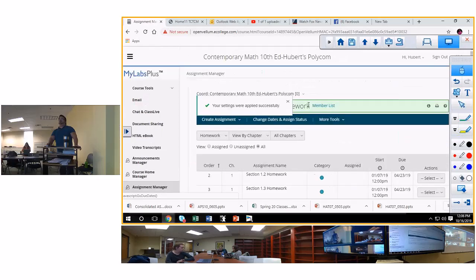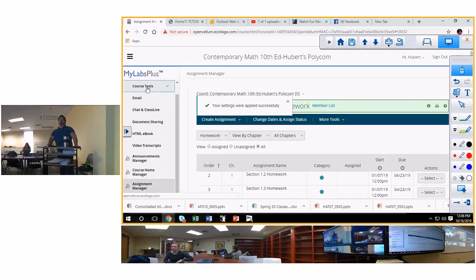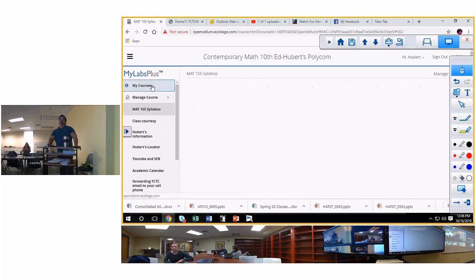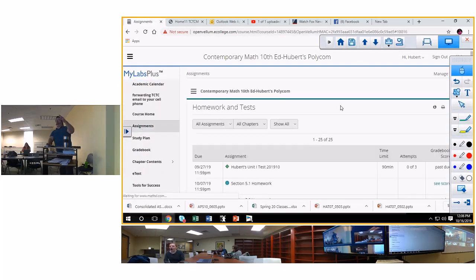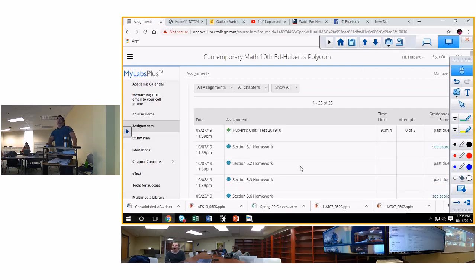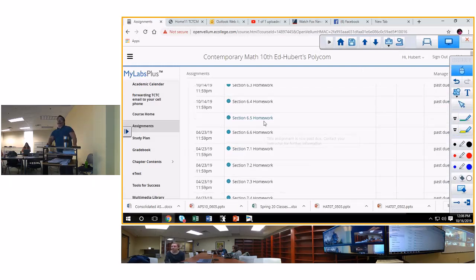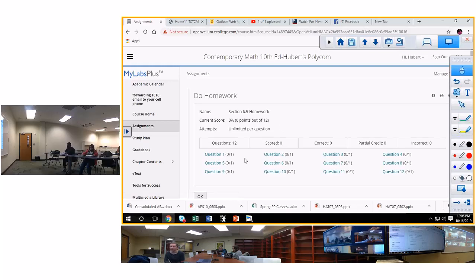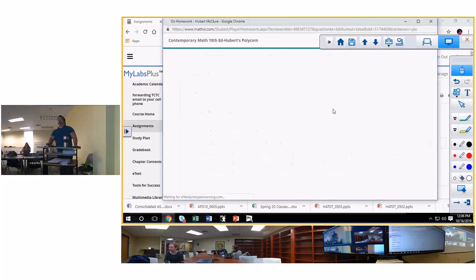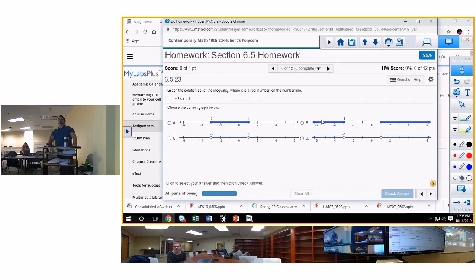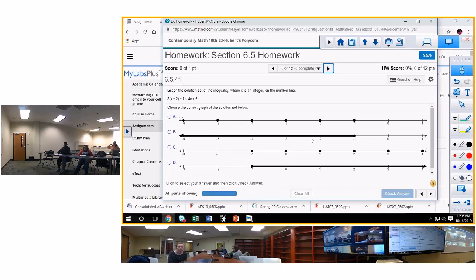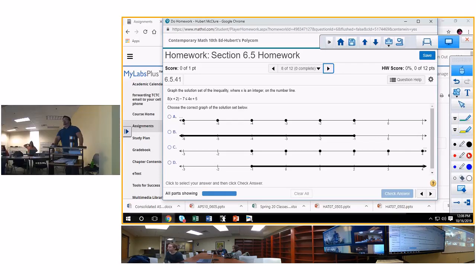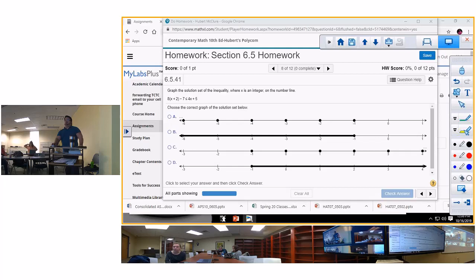All right, so now you should be able to pull it up. I'm going to go there and pull it up. Assignment. I want to find one to show you what it looks like, so you won't stop on it just because you hadn't seen it. There it is. Look at the directions. I want you to write these directions down.